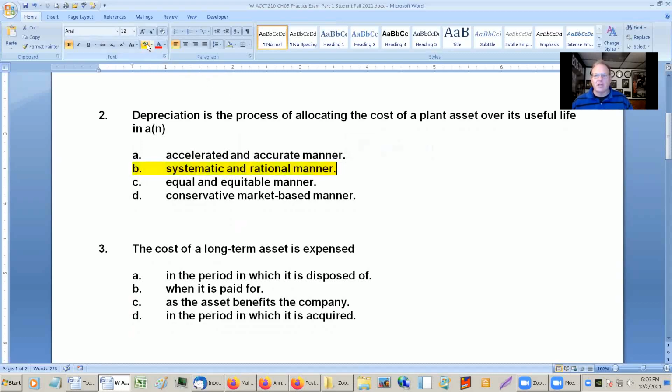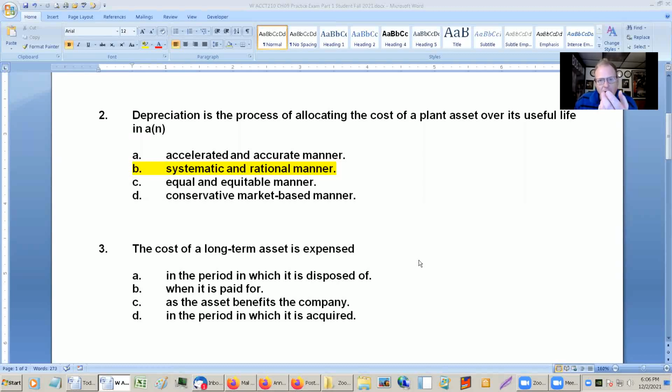Systematic and rational. And those of you that are going into accounting, remember that. It's that way for inventory, for cost of goods sold.